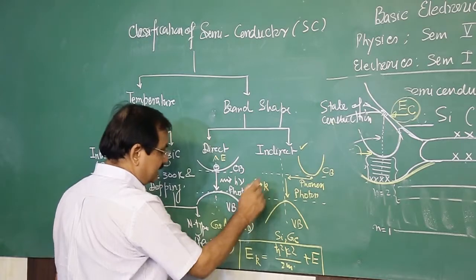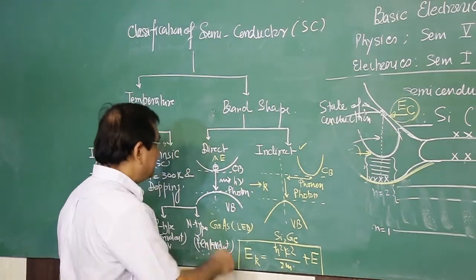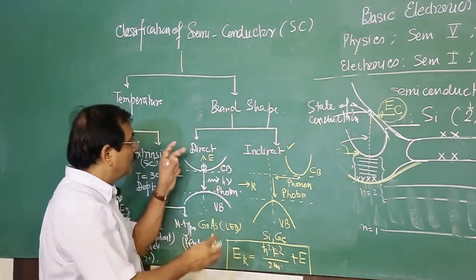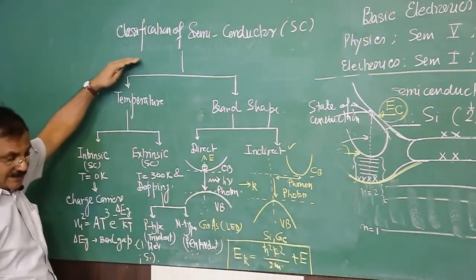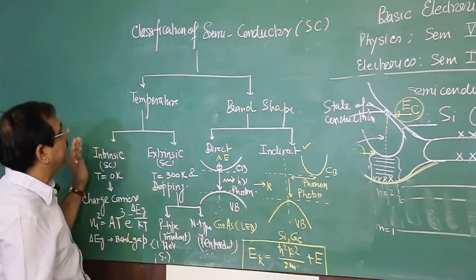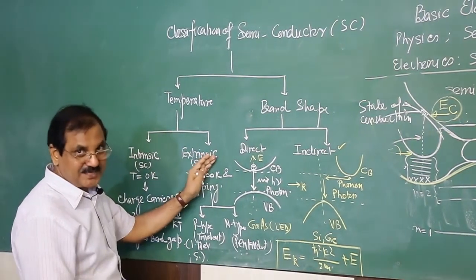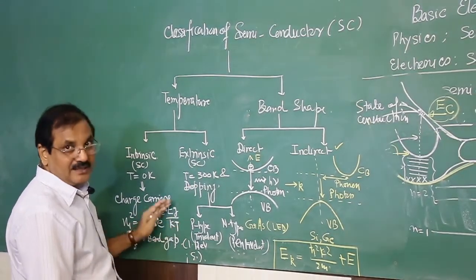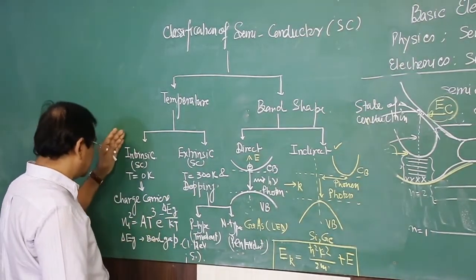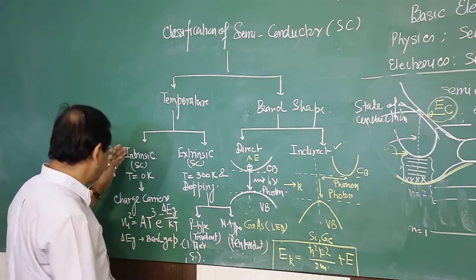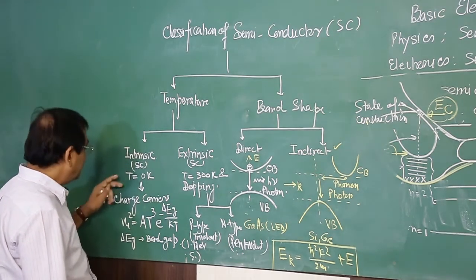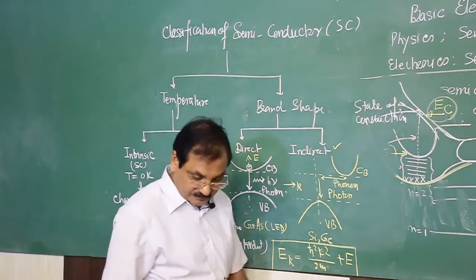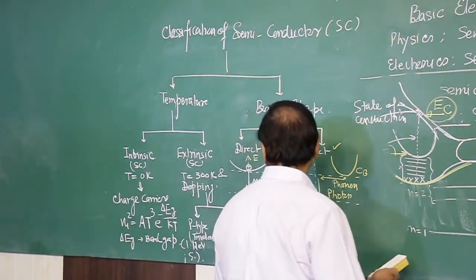This k is the propagation vector and this is the energy in this case. So, on the basis of temperature, we classify intrinsic or extrinsic. At high temperature the material is extrinsic, as well as by doping. At 0 degree temperature it is intrinsic. Intrinsic means it is a bad conductor. So, this is the classification.